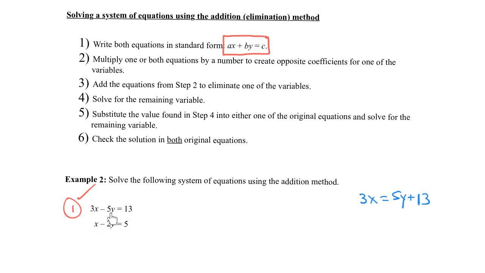Whereas over here, it's a little harder because I can't multiply 2 by an integer to turn it into 5, which means I'd have to multiply this by a number and this by a number. Like, if I multiply this -2y by -5, I'd have a +10. Then I could multiply this by 2 to get -10, so they would cancel. So we need to either eliminate the x or the y.